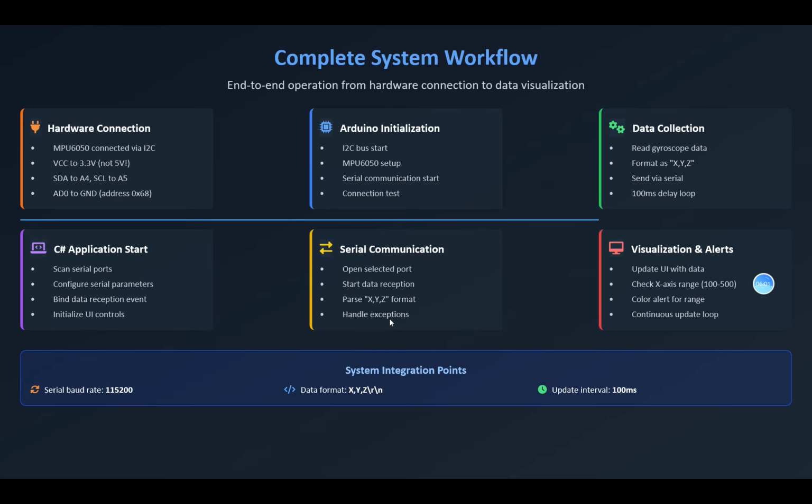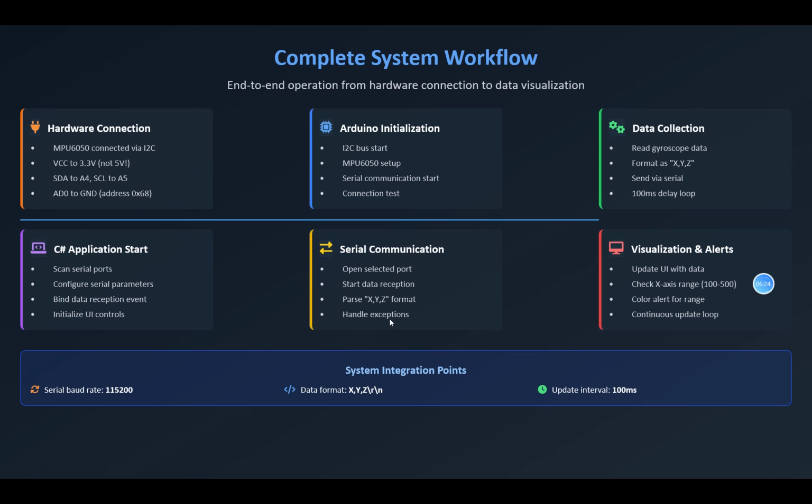So you can see the complete system workflow. The hardware connection: the MPU connects via I2C, VCC to 3.3 volts, SDA to A4, SCL to A5, and AD0 to ground.